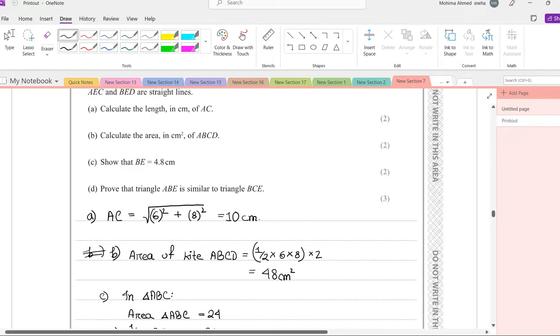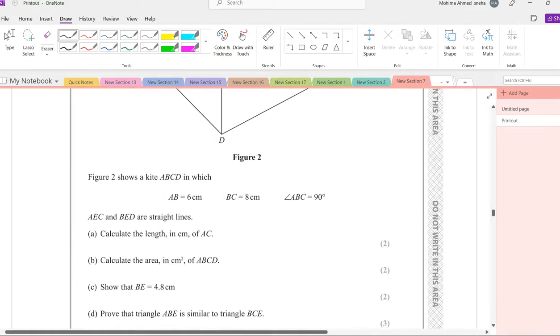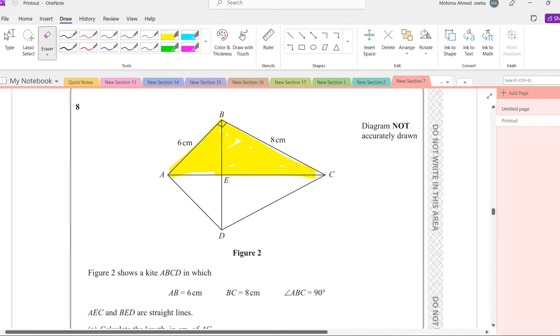Prove that triangle ABE is similar to triangle BCE. So triangle ABE and BCE are two triangles under the triangle ABC. Let me highlight the two triangles here.